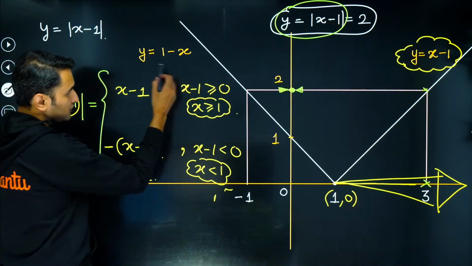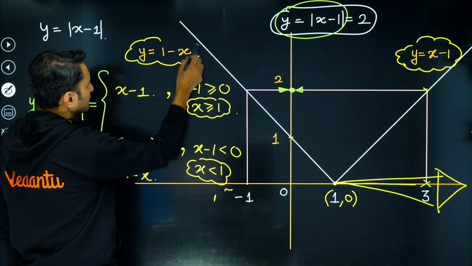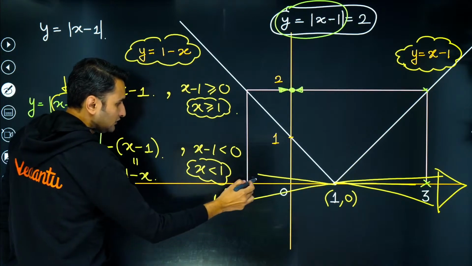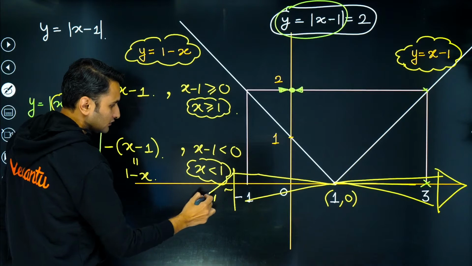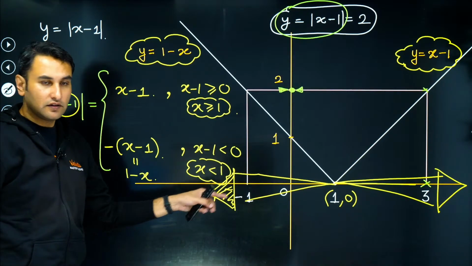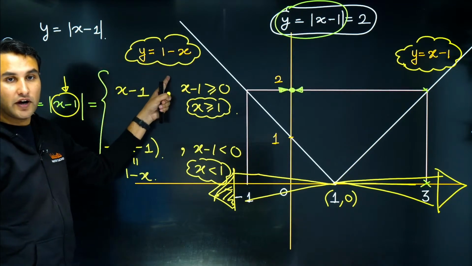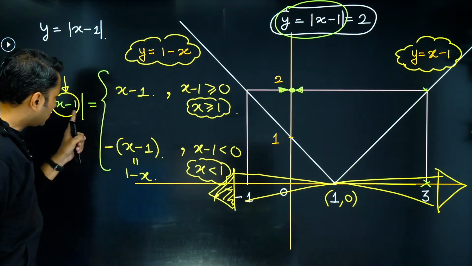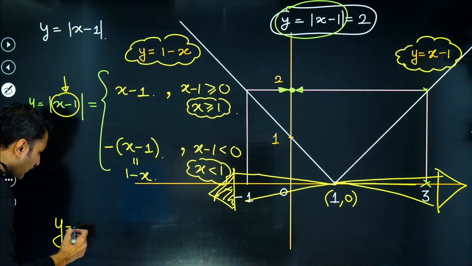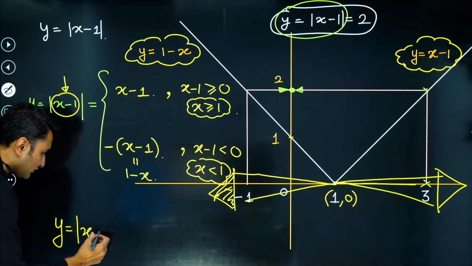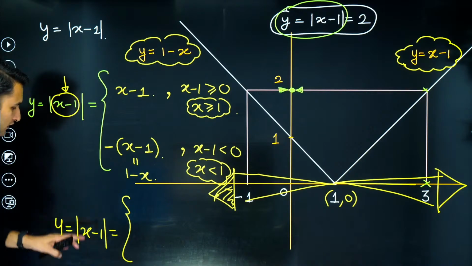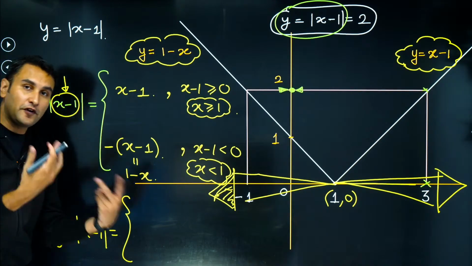So do you realize this? Look at this. When x is less than 1, the graph behaves like y equal to 1 minus x. So this is the proper definition of the function. Whenever you see y equal to mod of x minus 1, in the next step you can remove the modulus and redefine the function.